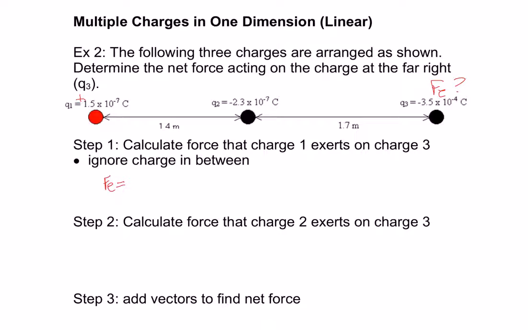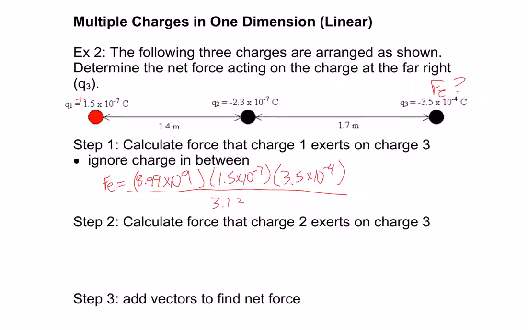In this case, when we put in our numbers, we'd have 8.99 to the 9 for our K. Our charge 1 is 1.5 to the negative 7. Our charge 3 is 3.5 to the negative 4. Remember, don't worry about positive or negatives. And then our distance is the total distance, so we'd have 3.1 meters.